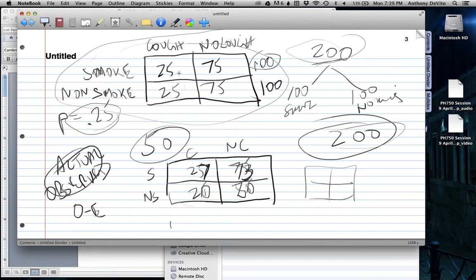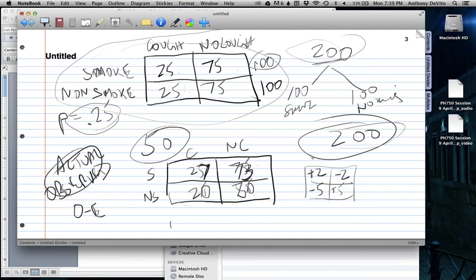So 27 minus 25 is plus 2. I keep doing this backwards. Observed minus expected. For this box, 20 minus 25 is minus 5. Observed 73 minus 75 is minus 2. And 80 minus 75 is plus 5.